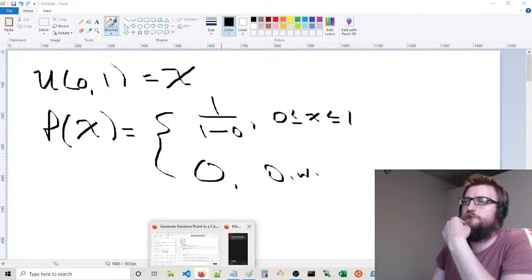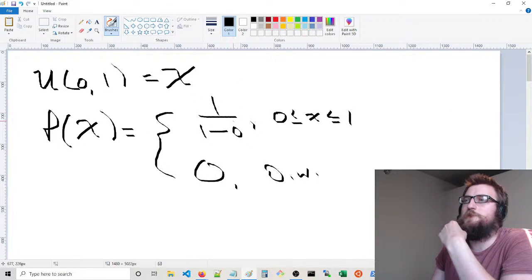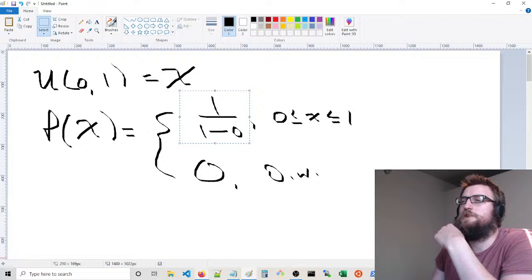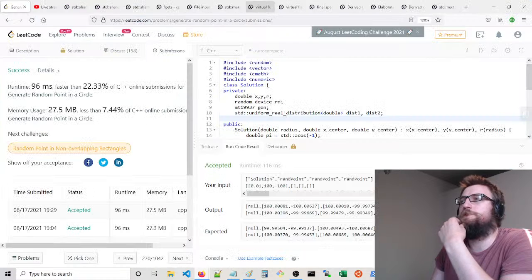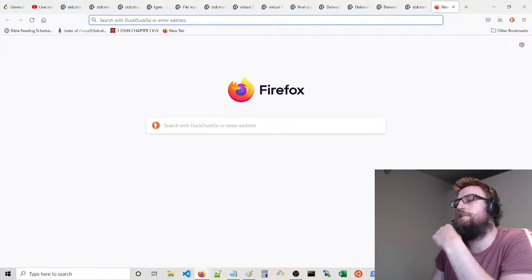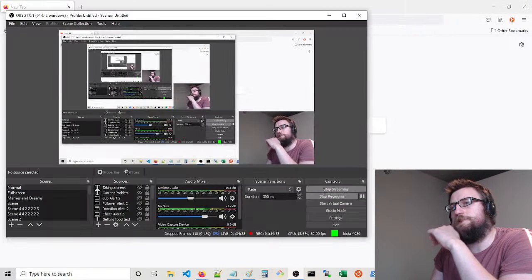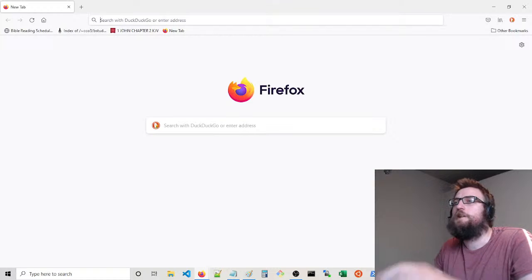Is that right? That's what the probability function looks like. It's really 1 over x, I think. What's a uniform distribution probability function look like? I'm really spending time on this now. I don't know, man. I was so confused.